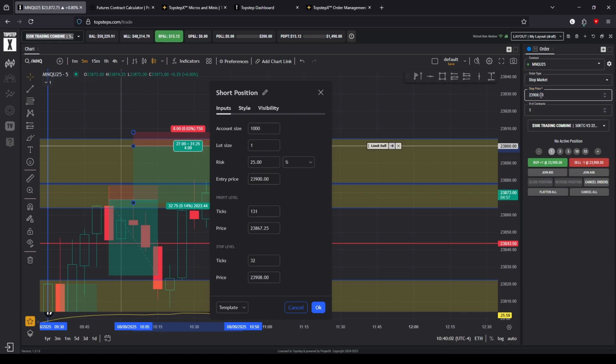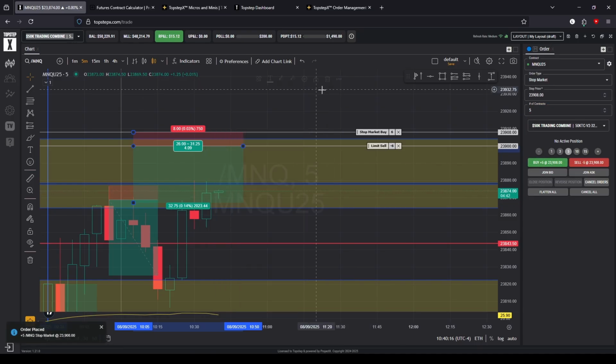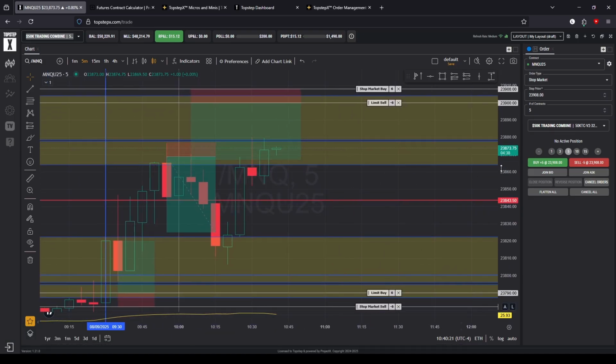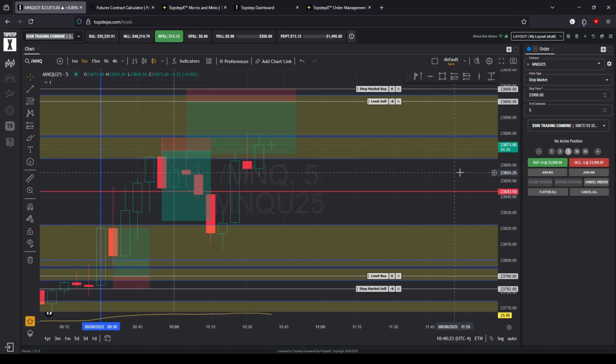Okay. 23908. So it's all the way up here. So it should not go through. I hope. Please don't go through. Okay, great. So add 5 more to it. There we go, 6. Okay, hopefully this will not mess me up and make me lose the account, because that would be really dumb.